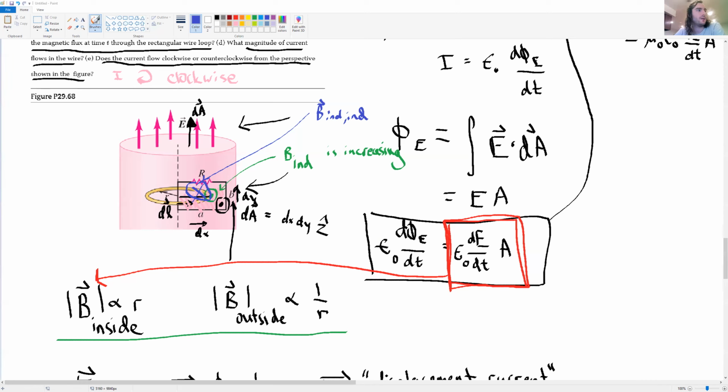Page, okay, let's take a look. So for the electric field, an increasing electric field causes a magnetic field that curls in the direction of the right-hand rule. Well, let's see. Let me think about that for a second before I look in the book.